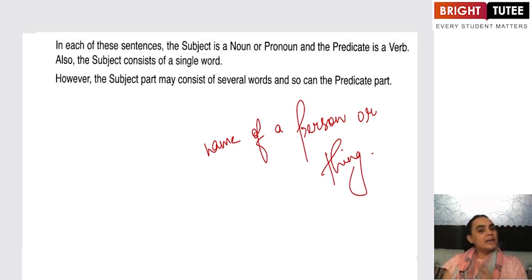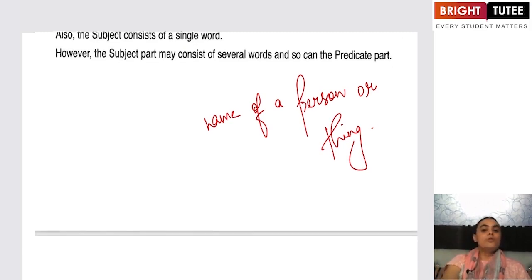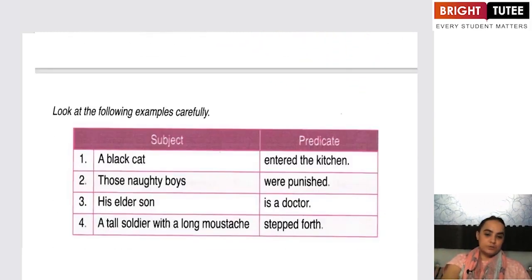And predicate always consists of a verb. So, verb will always be there in the predicate, and one of those words, the group of words is going to be a verb. So, out of the many group of words that we have in the predicate part of the sentence, one of them will always be verb, as I told you.